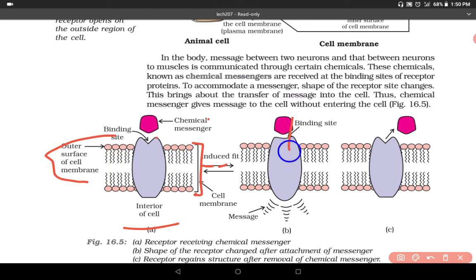Here the binding site fits and changes the shape of the receptor, transferring the message without the messenger entering the cell. Then the chemical messenger goes away from the binding site.